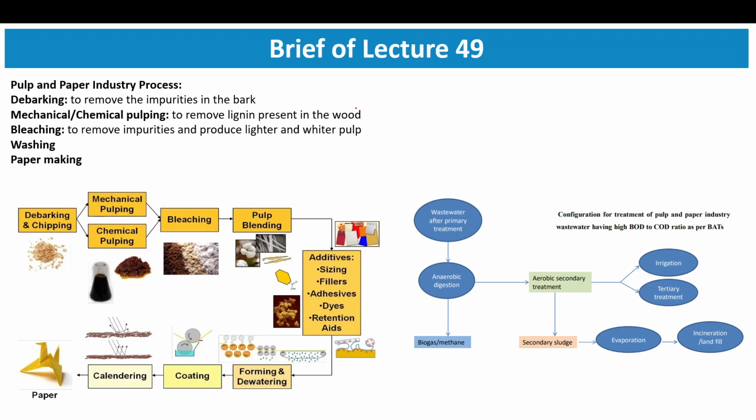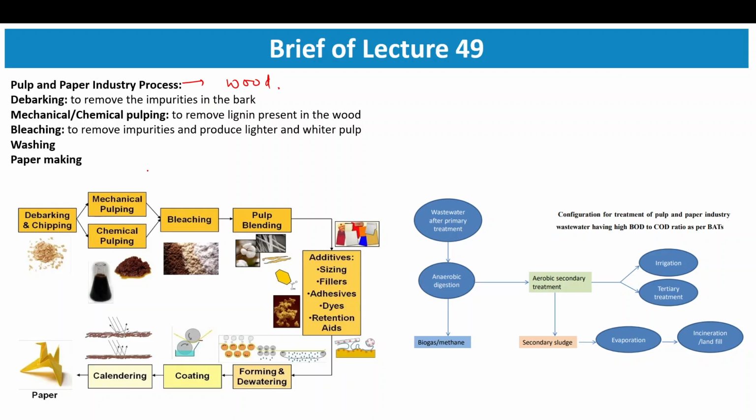Now moving forward, another industry that was discussed was the pulp and paper industry. So you know that paper is a basic need in each and every sector, and it is usually synthesized from wood, right? So how is wood converted into paper?